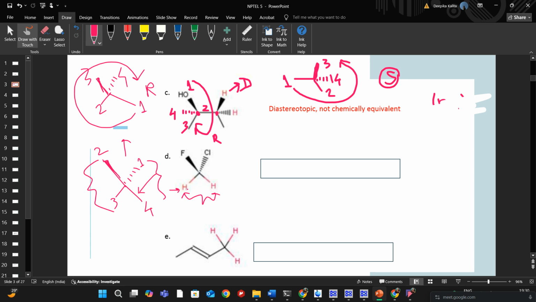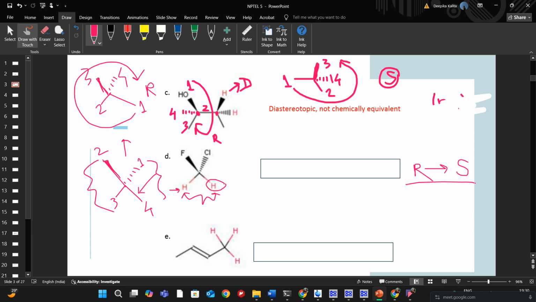But again, if we replace this other proton by deuterium, the absolute configuration will be exactly the reverse of what we got initially, which is R, and in the second replacement we are going to get absolute configuration S. And as we know, R and S are a pair of enantiomers.